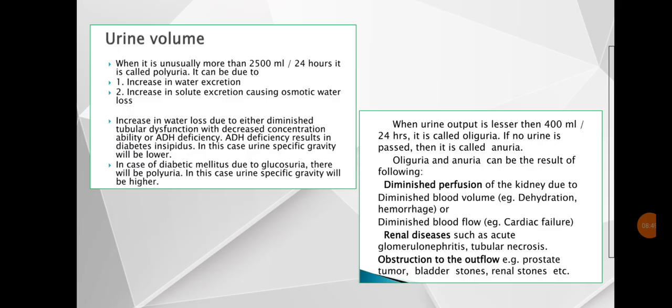First we need to measure in 24 hours how much water he has taken and how much urination took place. Sometimes if we are taking only 1.5 liters but urinating more, what will happen? The body will be dehydrated.